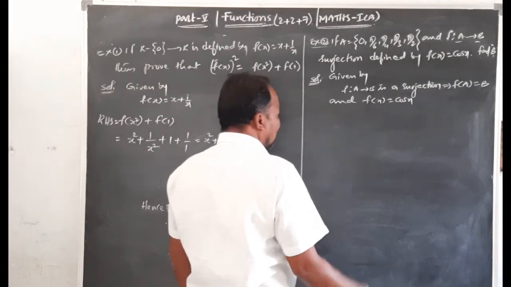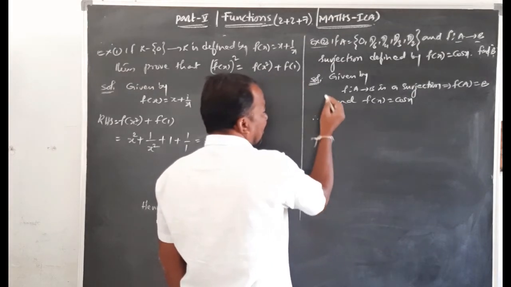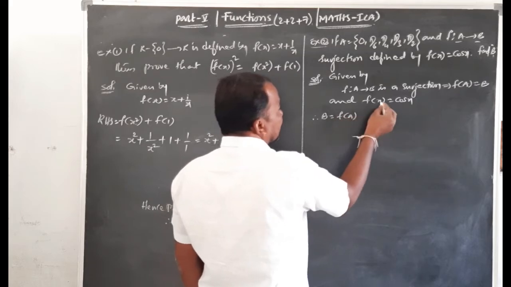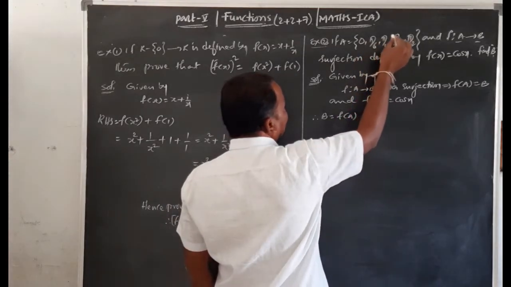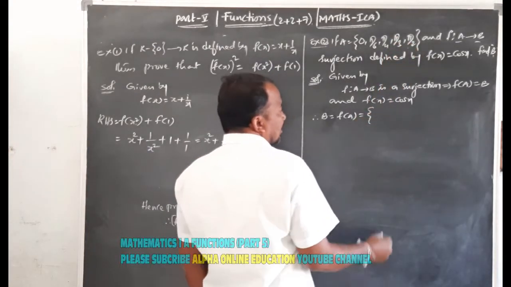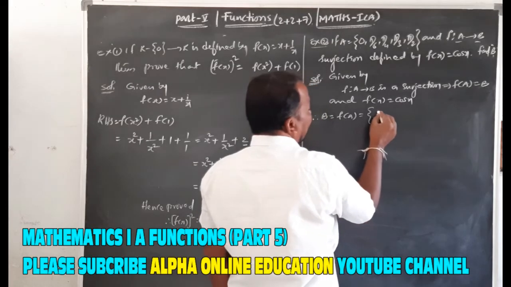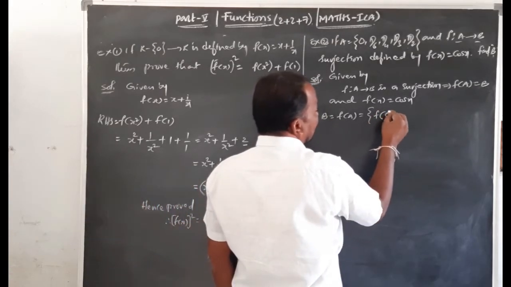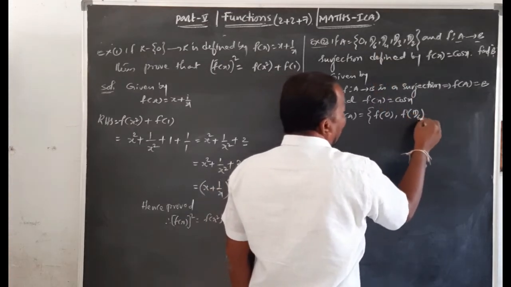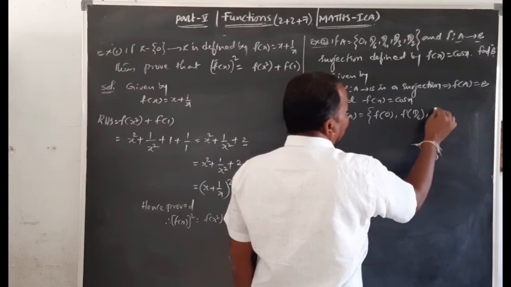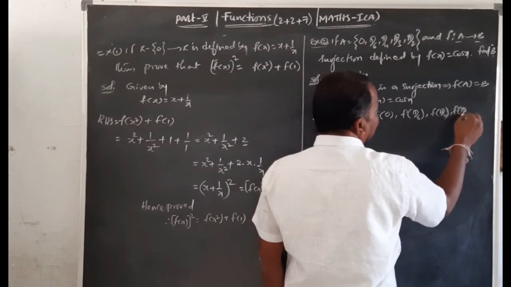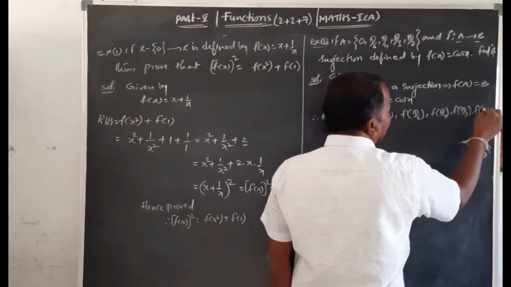B equals f of A. A means 0, pi by 6, pi by 4, pi by 3, pi by 2. So that means the set of f of A: f of 0, f of pi by 6, f of pi by 4, okay, f of pi by 3, f of pi by 2.